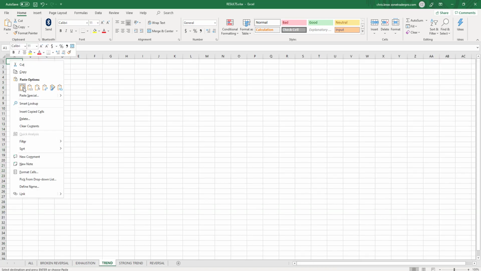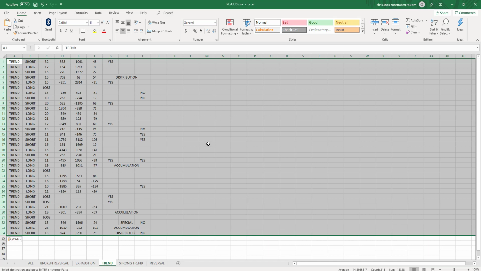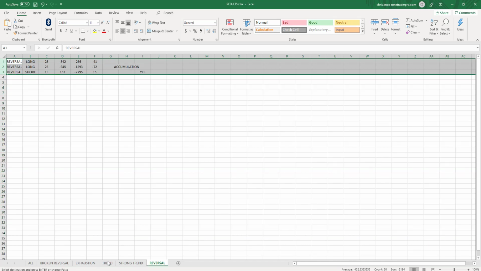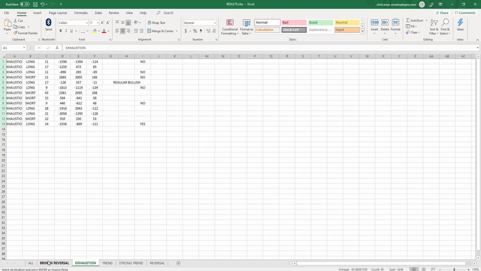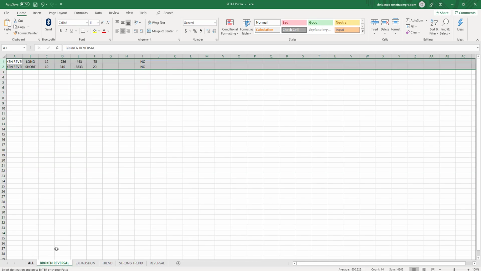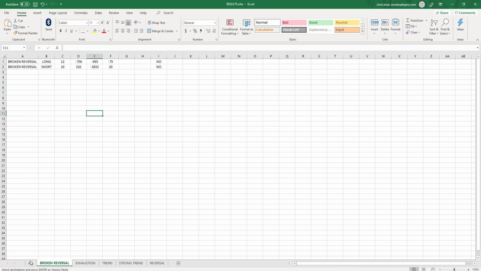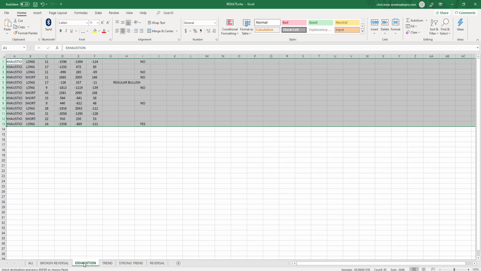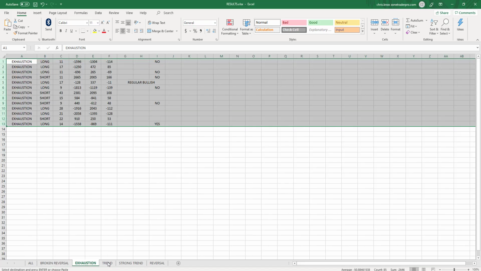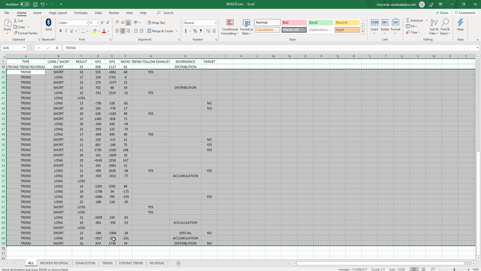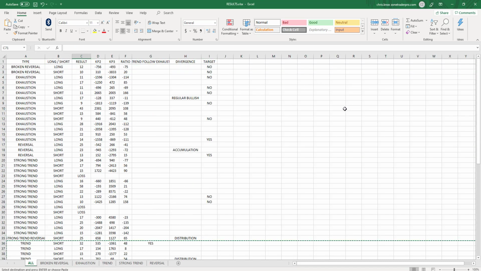Okay, so now we can see that we have a worksheet for each one of our types of trades, so that later when we have more data we can break these down and see if there's any relevant statistics to just one pattern in and of itself. And I would expect you would see different characteristics in the exhaustion trade and different characteristics in the trend trade. So that's basically what we've done so far.